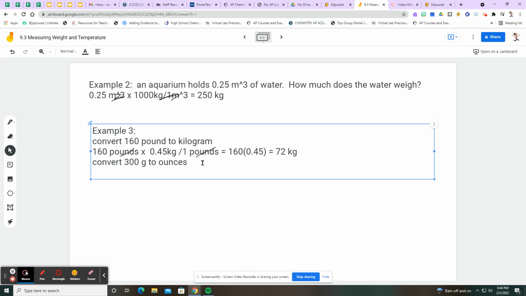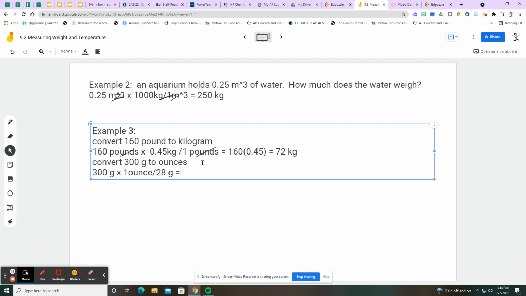On the next one, again, I'm going to start with what I'm given. I'm going to look up and see what unit multiplier I have. I'm trying to change grams to ounces. So I look in that table and I see that 1 ounce is the same thing as 28 grams.